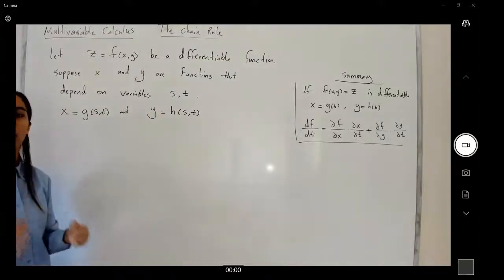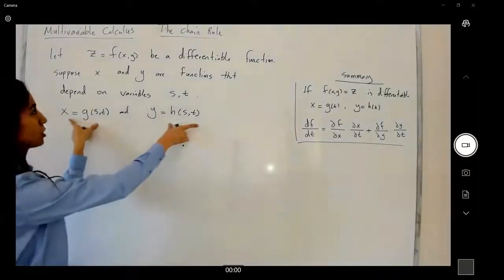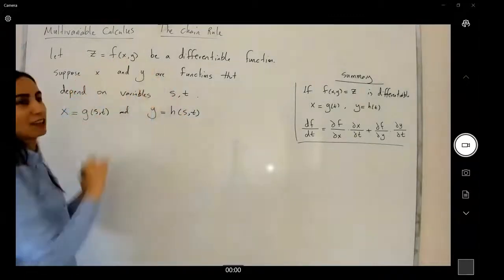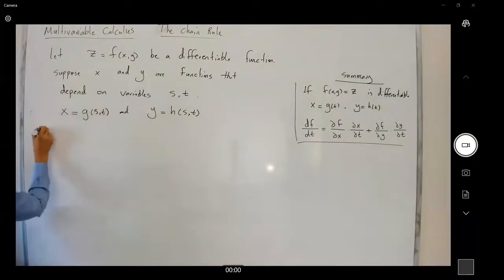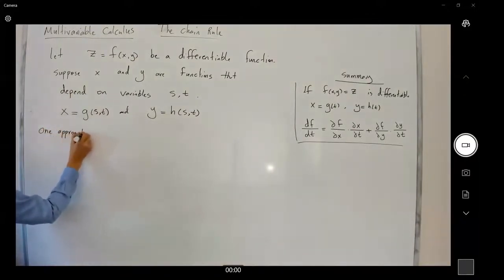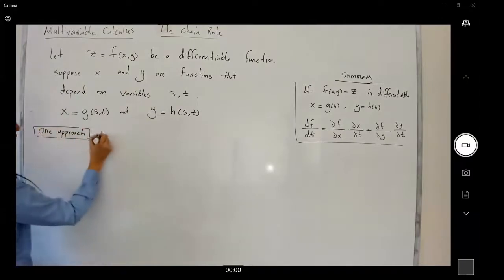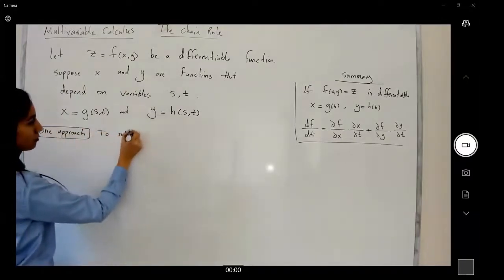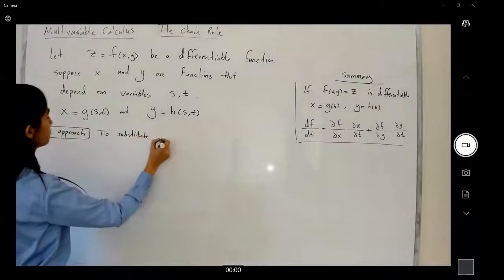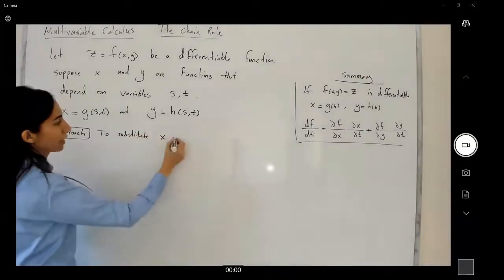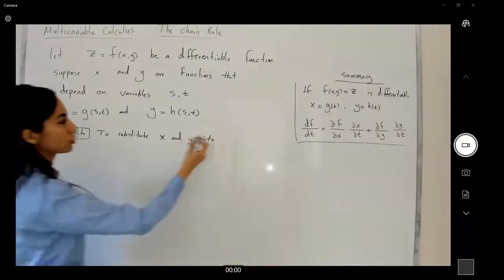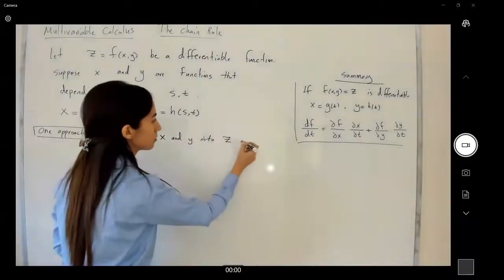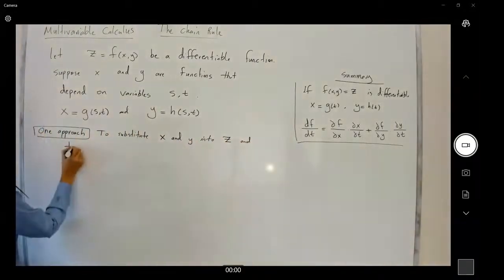Again, one approach is to just substitute these two back into the function and take the derivative. So one approach is to substitute x and y into z and take the derivative.